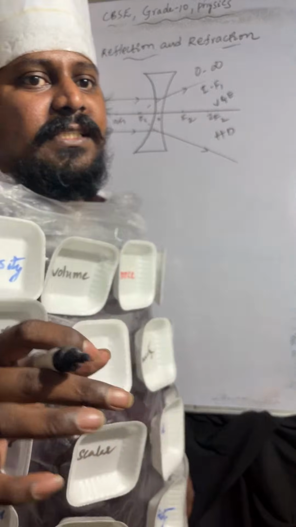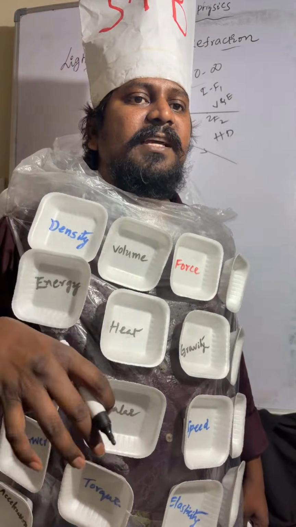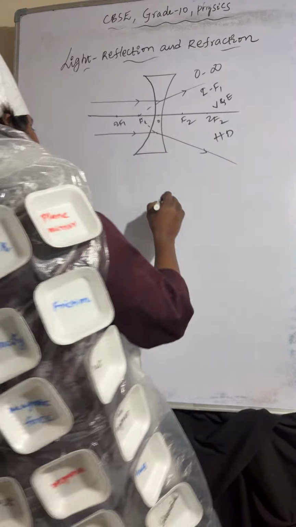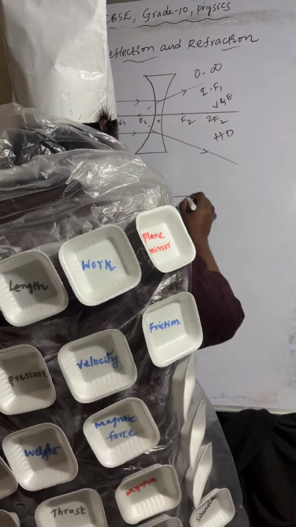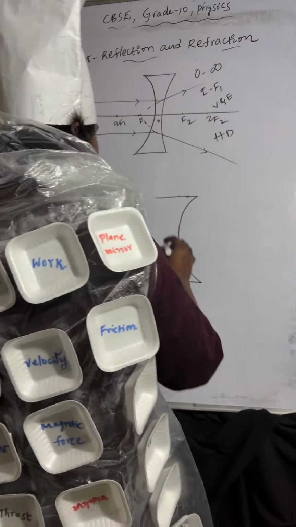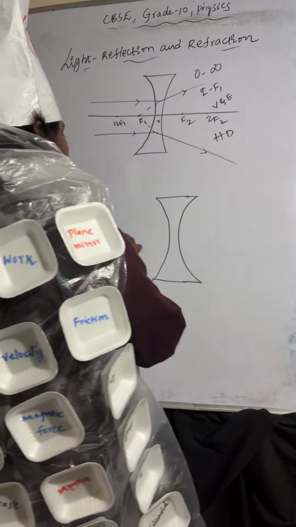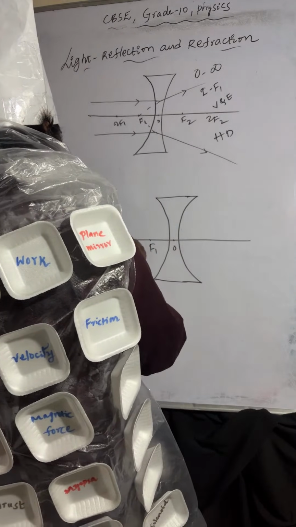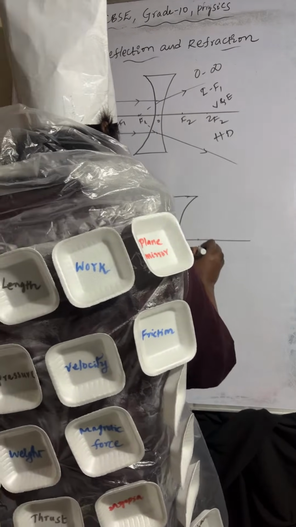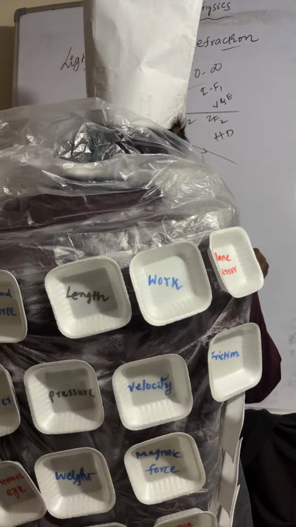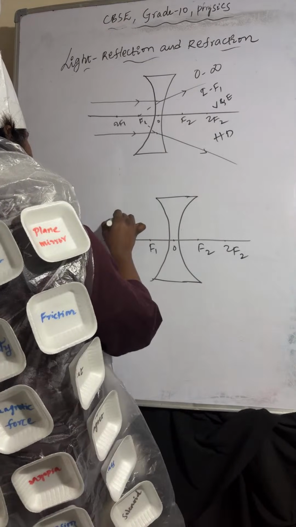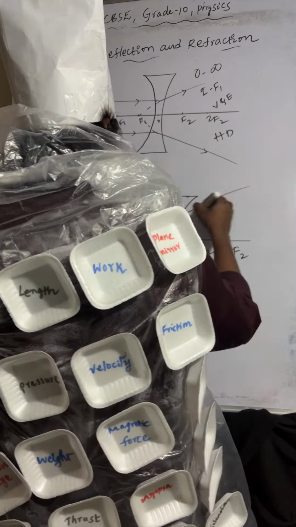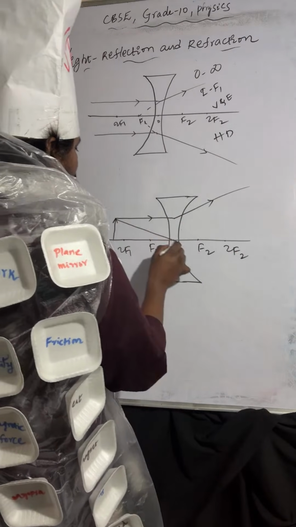Only two image formations are there for concave lens. One is at infinity. Another one, you can see optic center, F1, 2F1, F2, 2F2, object is placed. Here you can observe the light rays are moving like this. One more light ray is passing like this.